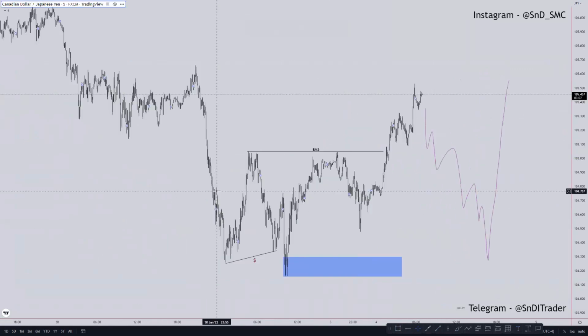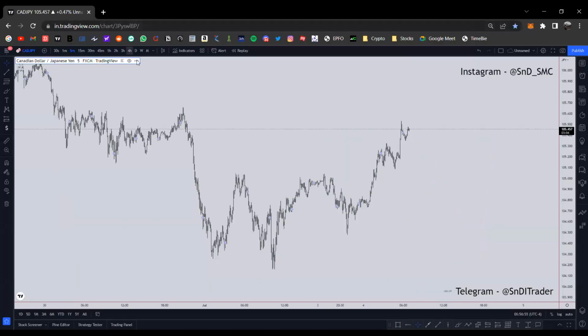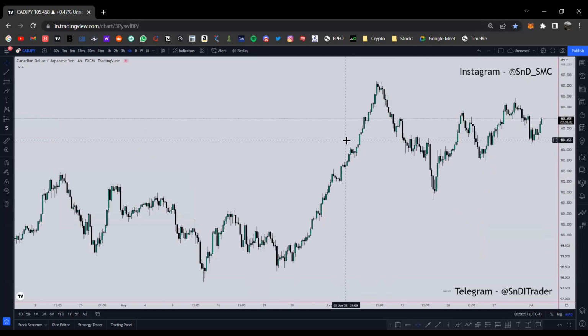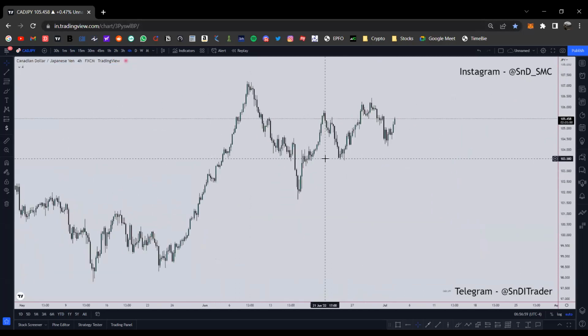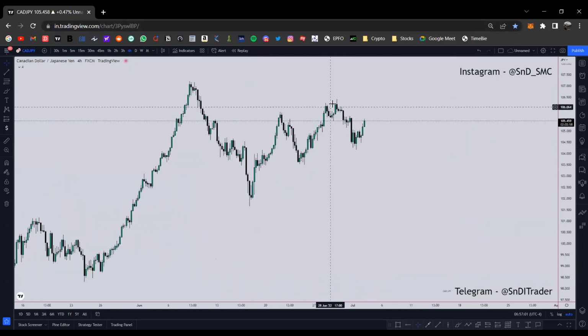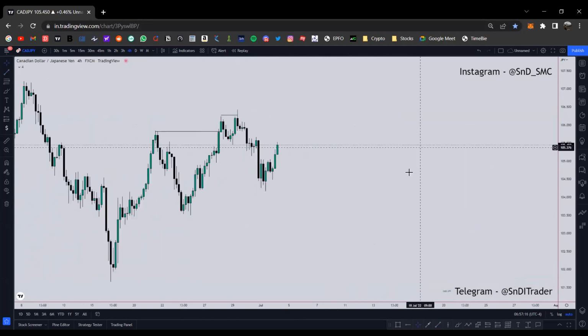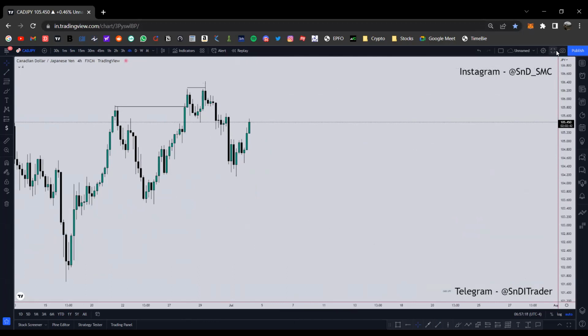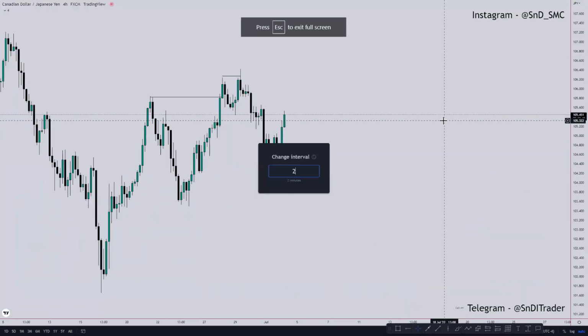So this can be a good buy. Let me go on the 4-hour time frame and mark the zones to explain this to you. You see this high and this low. This high has taken out this liquidity and this liquidity. Just for instance, after this high takes out this liquidity, you can go on the 2-hour time frame.